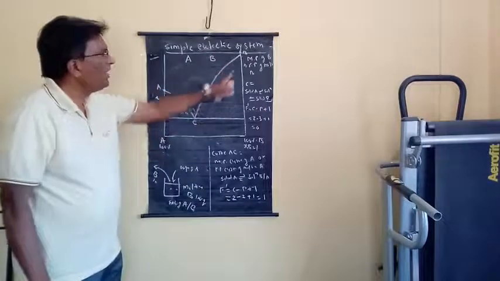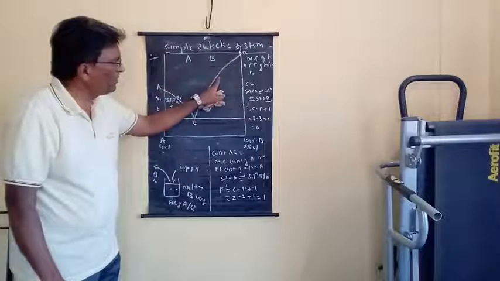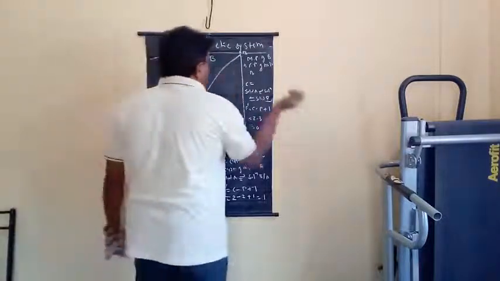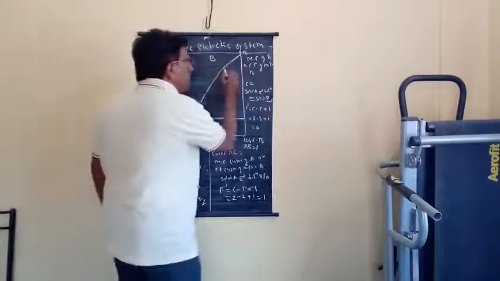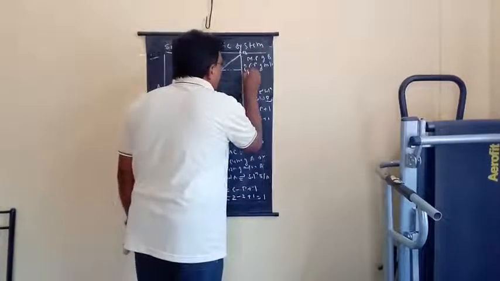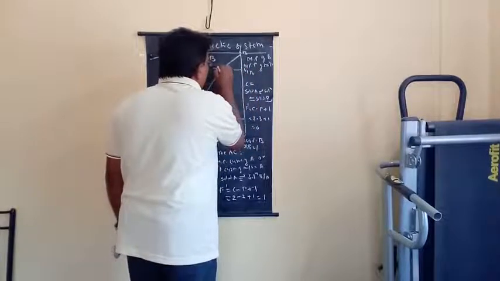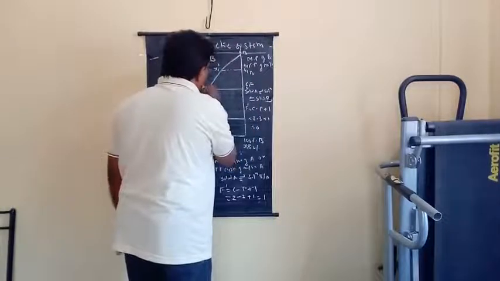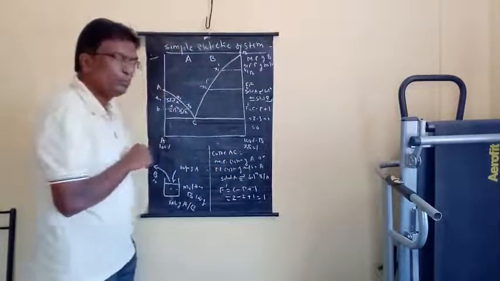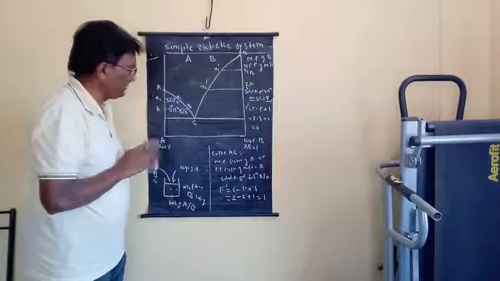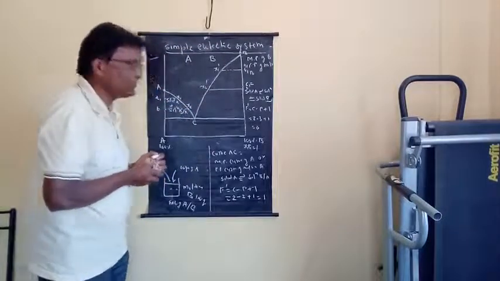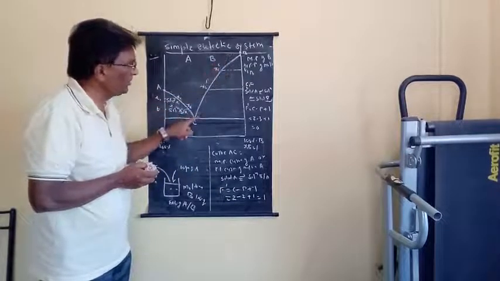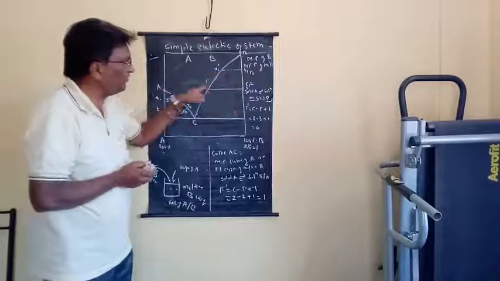And therefore, as we go on adding A in a molten mass of B, solid B separates out and remains in equilibrium with solution of varying composition. That means at this particular temperature T1 dash, the composition will be X1 dash. At this particular temperature T2 dash, the composition will be X2 dash. That means along the curve BC, solid B remains in equilibrium with solution of A in B of varying composition.